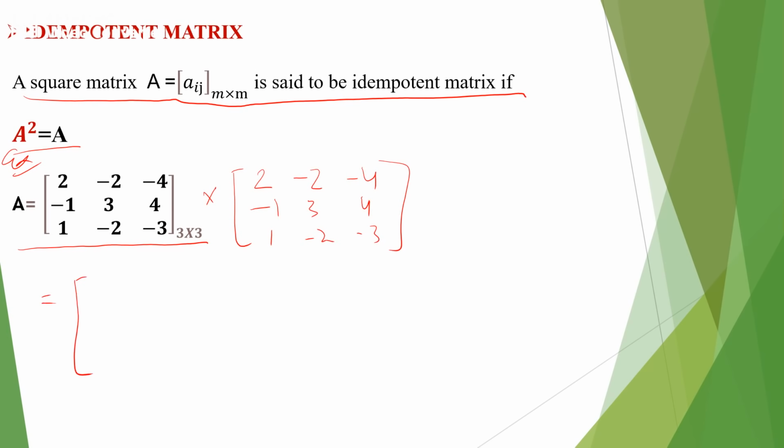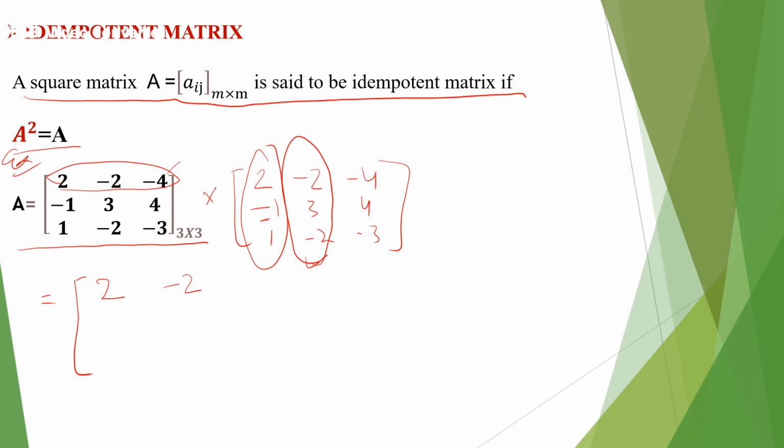So what do we get? Here the first row with the first column we get 4 plus 2 minus 4, so we get 2. The first row with the second column, we get -4 -6 and plus 8, so we get -2.